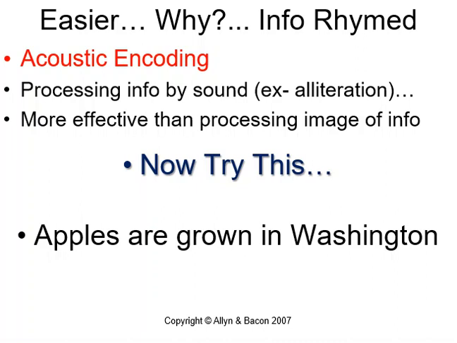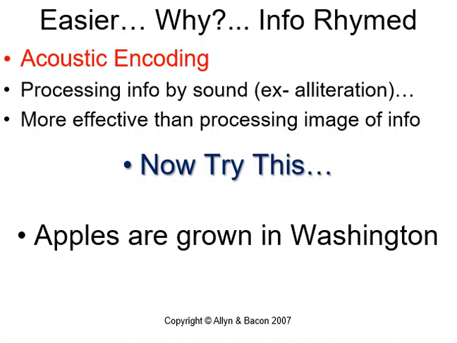If you're a musician, you may have heard, you know, the acoustics of this song or the acoustics of this room. Same kind of concept. It means processing information by sound. This is why alliteration in language makes it easier for us to remember things. And this is a more effective type of encoding than visual encoding, which was the first one.